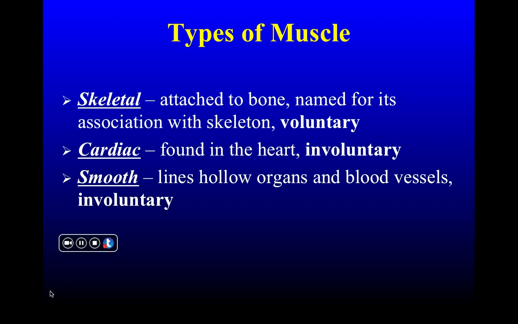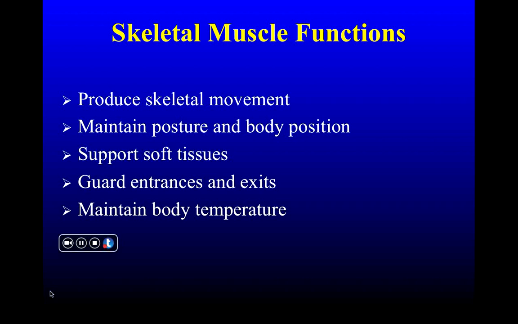If I want my heart to beat faster, I can't really say, beat faster. It won't listen. Same with smooth muscle. I can't say to my small intestines, contract or relax. They are controlled without cognitive input. In other words, any voluntary nervous system connection will not be made with those types of smooth muscle and cardiac muscle.